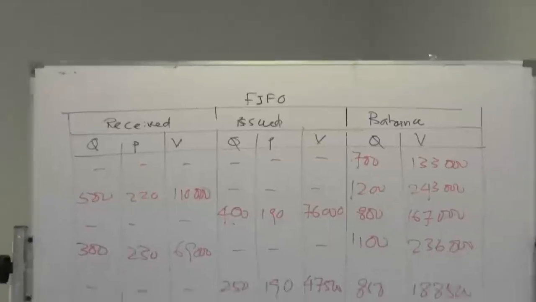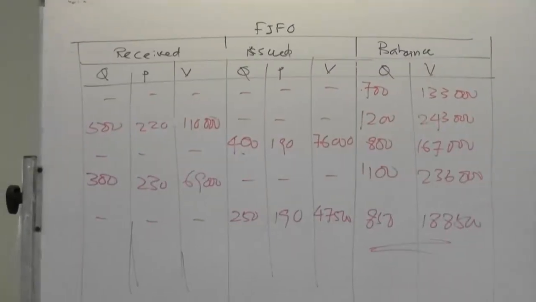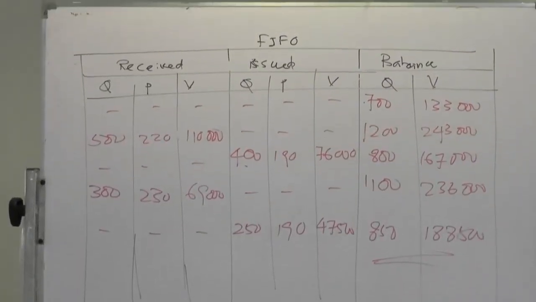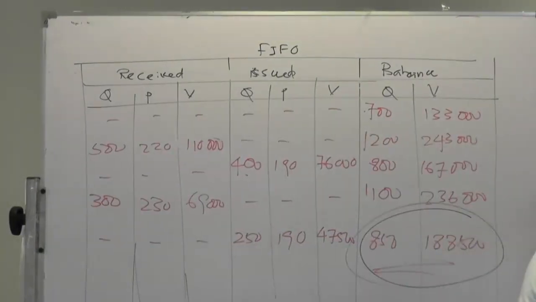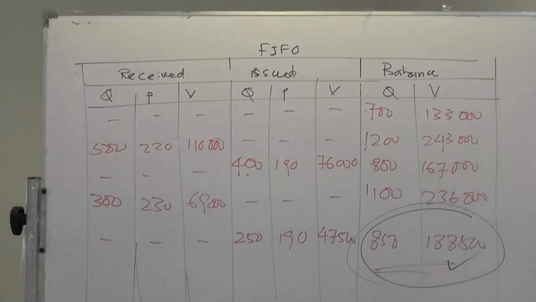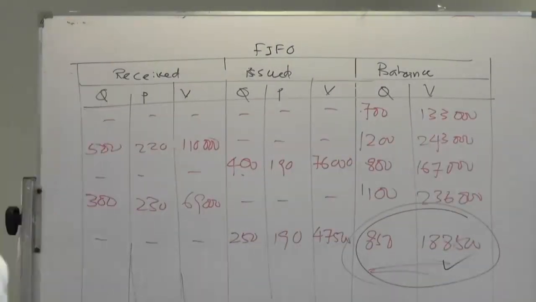See the white screen, you can see the stock ledger. What is the closing inventory? That is the closing balance. The value of the closing inventory is 188,500. That's why the answer in 48 is mentioned as 188,500. Right.